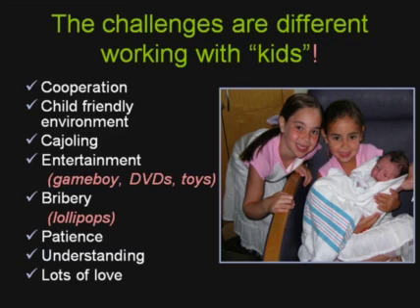We even bribe them with lollipops. But one has to have a lot of patience, understanding, and lots of love to try to get the cooperation that we need in order to use ultrasound to get the most information to help determine the etiology for the child's symptoms.